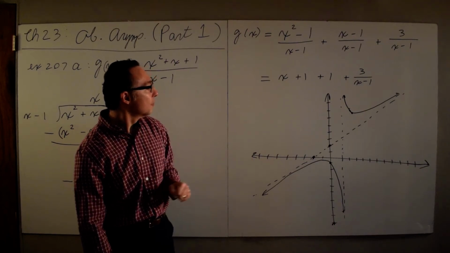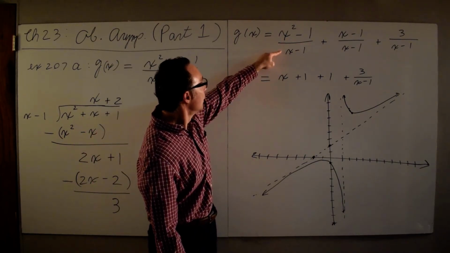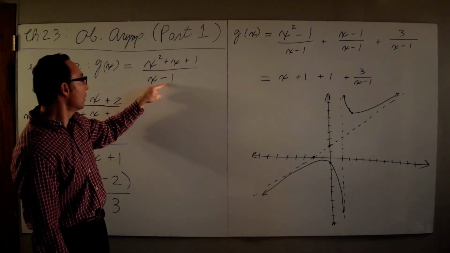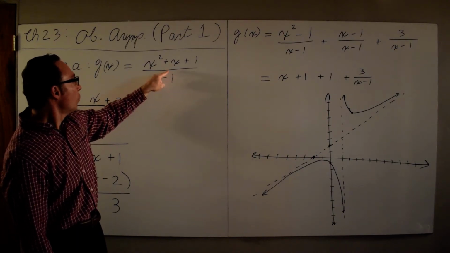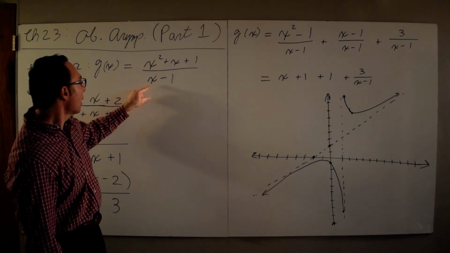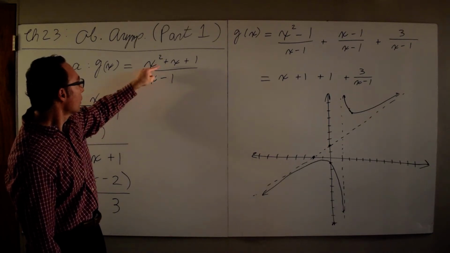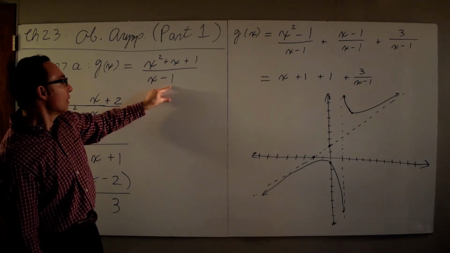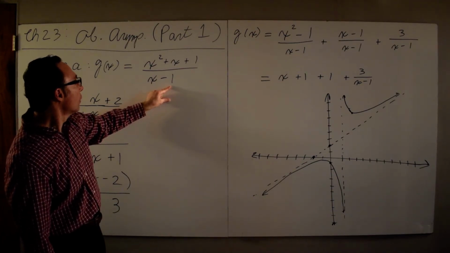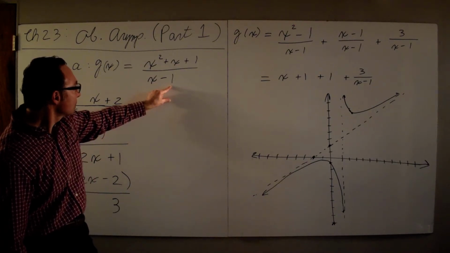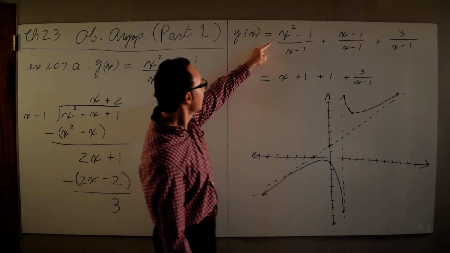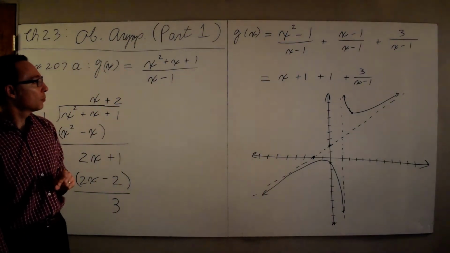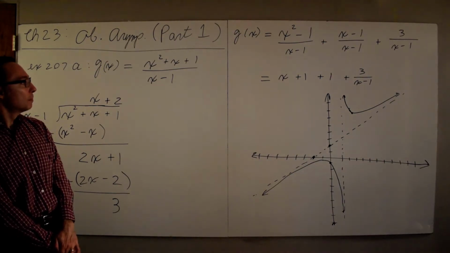What did we do here? Well, we have x squared plus x plus 1 divided by x minus 1. We wish we had x squared minus 1, because x minus 1 is a factor of x squared minus 1. So we broke this up, and we wrote this as x squared minus 1 divided by x minus 1, because x minus 1 is a factor of x squared minus 1.